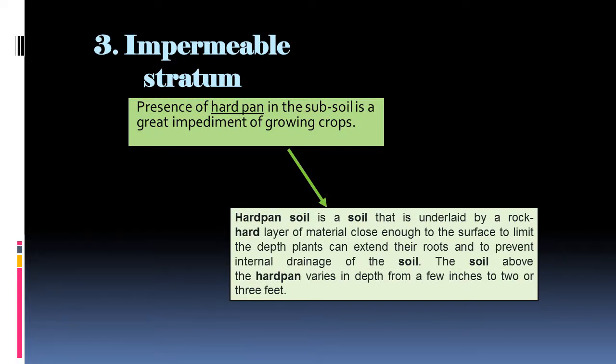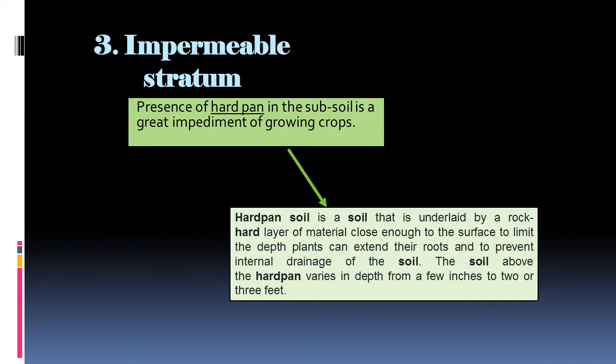Impermeable stratum is the third condition of soil. The presence of hard pan in the subsoil is a great impediment to growing crops or ornamental plants. Hard pan soil is actually soil that is underlaid by a rock hard layer of material close enough to the surface to limit the depth plants can extend their roots and to prevent internal drainage of the soil.